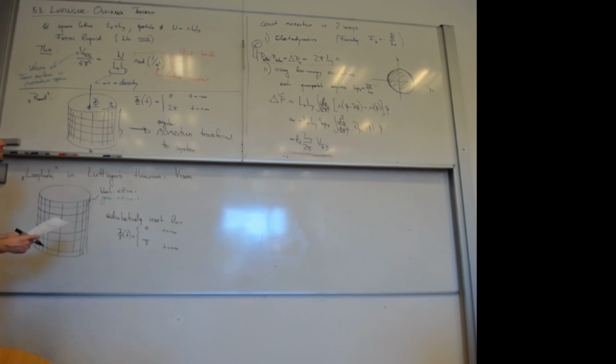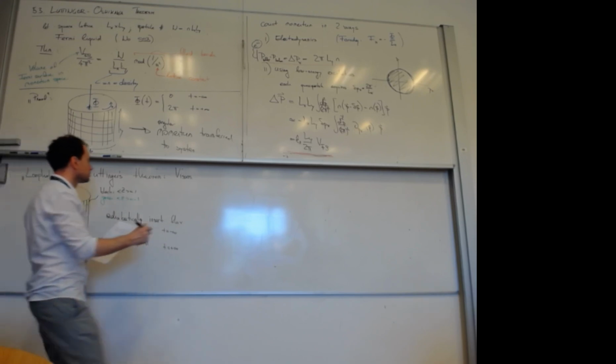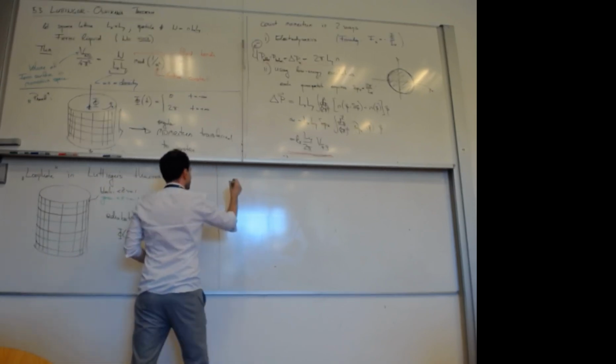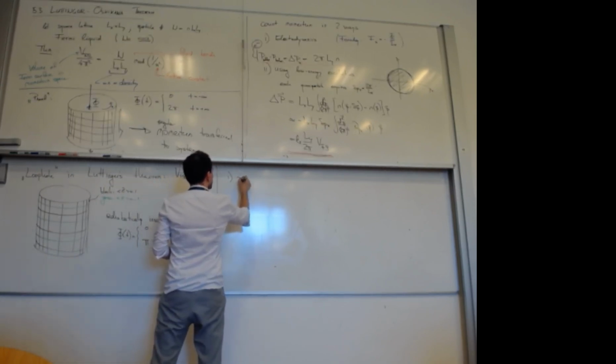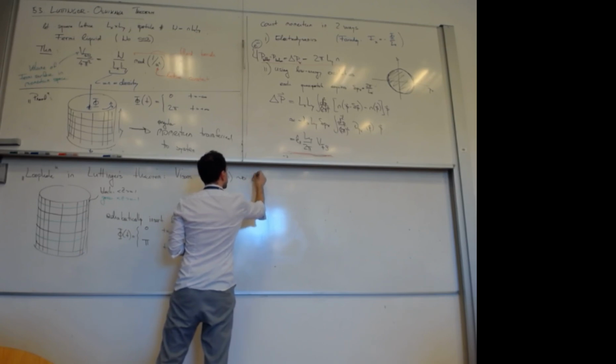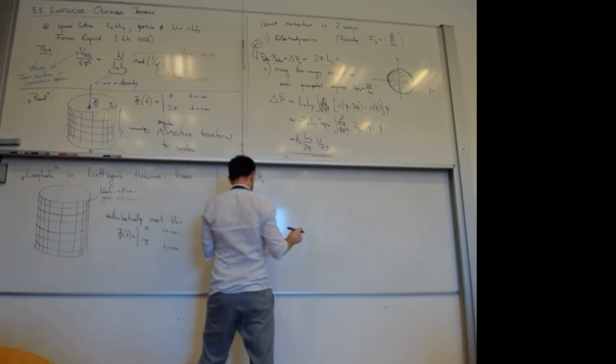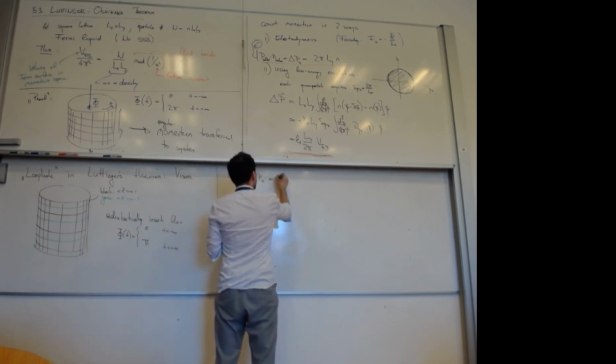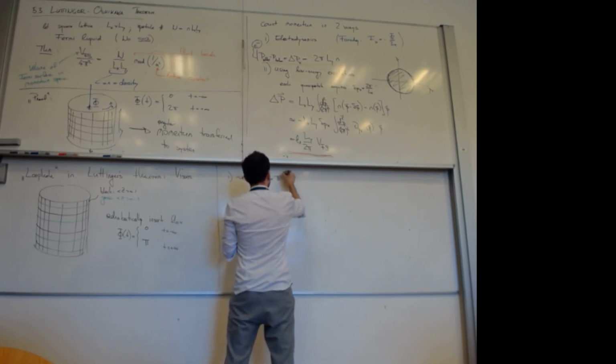Okay, we get to this in a second. So then again, the same momentum balance. Delta p_x is just pi times delta y.